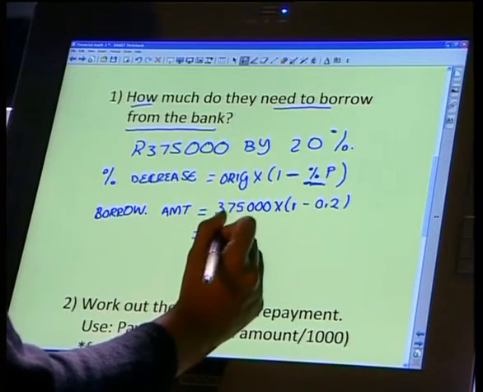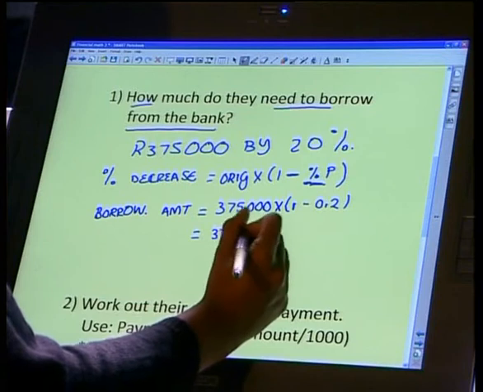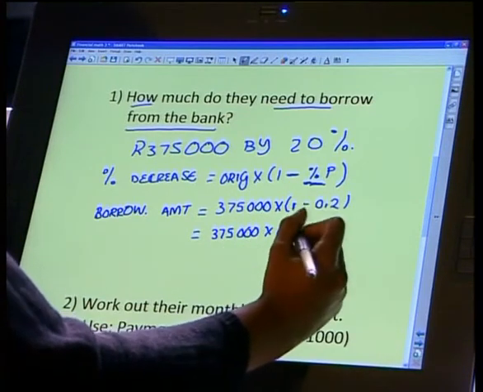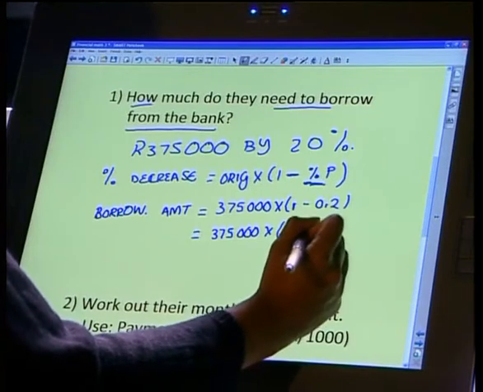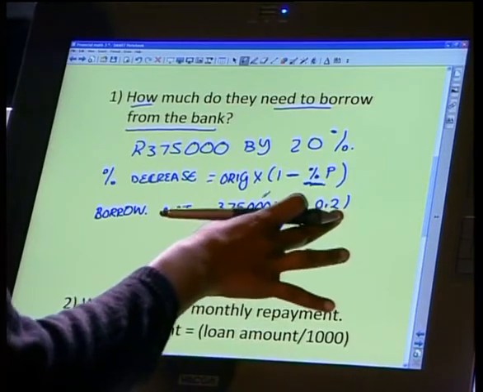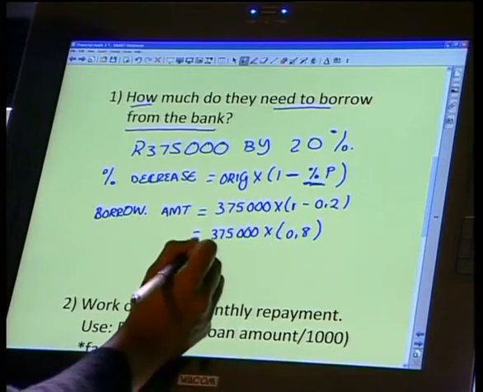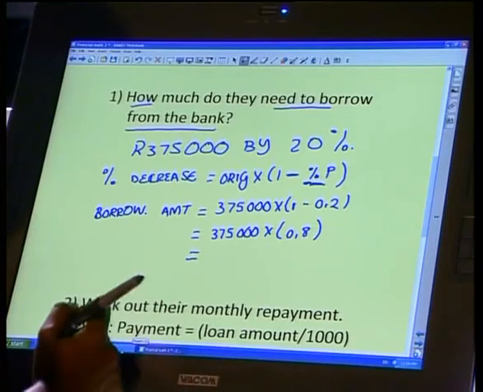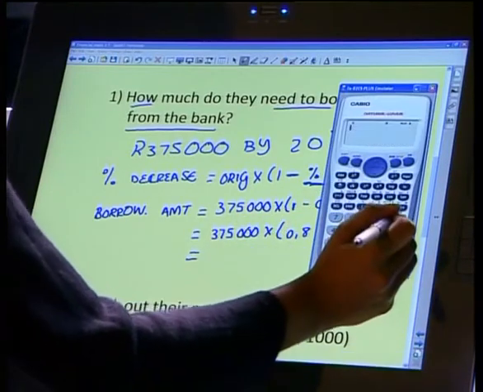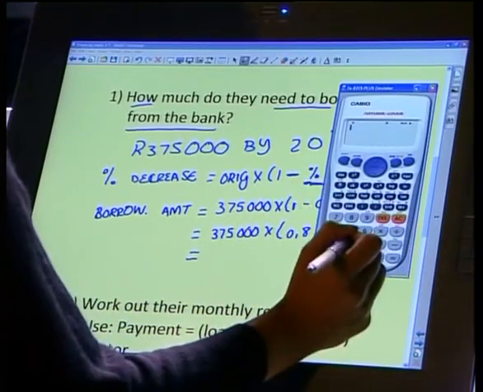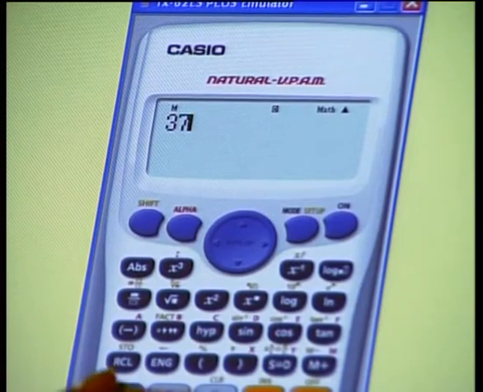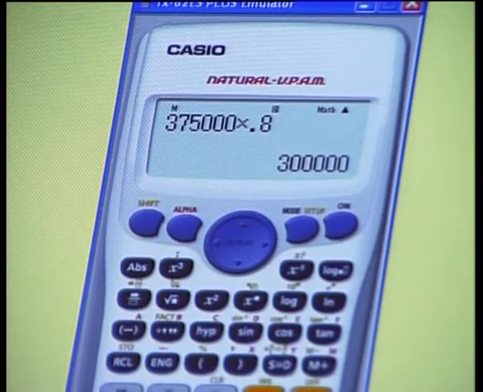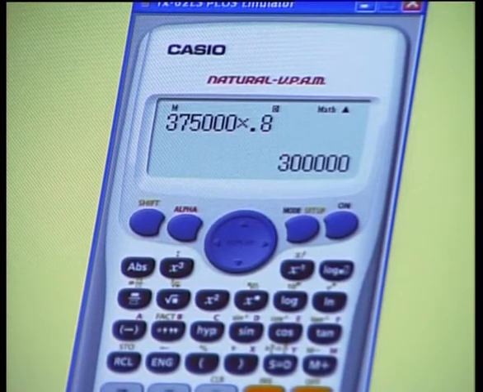So we're basically taking 375,000 and timesing that by that bracket. 1 minus 0.2 is the same as 0,8, or you could just write that step into your calculator. Okay, so they're paying 20%, they're getting a loan on 20% less than the value of the home. So it's 375,000 times by 0.8, and that gives us 300,000.